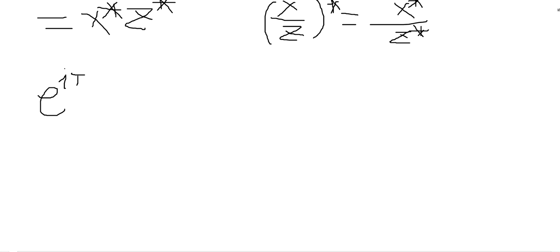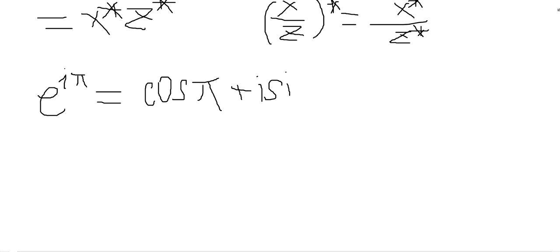Because we like pi, let's see what happens. It equals cosine pi plus i sine pi. Sine pi is 0, so the imaginary part is crossed out, while this leaves negative 1.